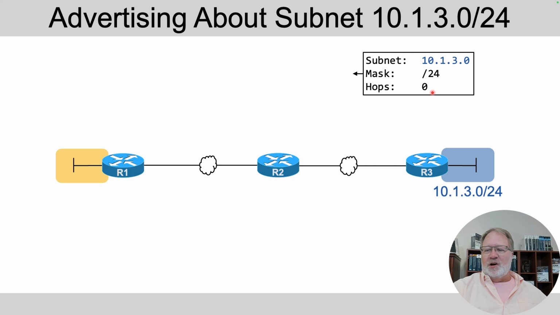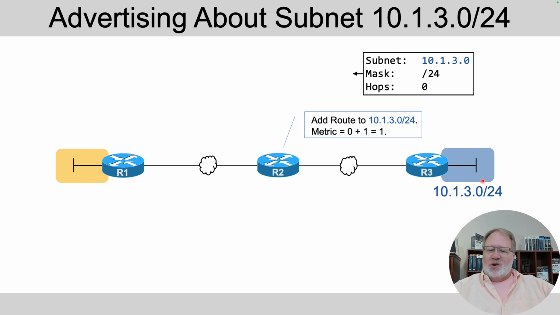In this case, it's showing a number of hops, all right? And it's basically saying, I'm no hops away, thinking router hops, numbers of routers. Router 3 is no hops away from subnet 3. So when router R2 learns this information in the message, it thinks my metric is one more than that. R2 is one hop away from subnet 3, and it adds a route to that subnet with the metric of 1.